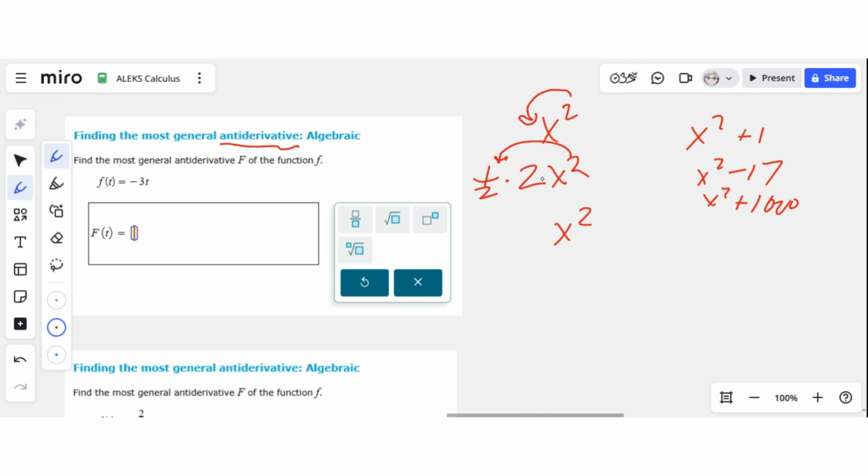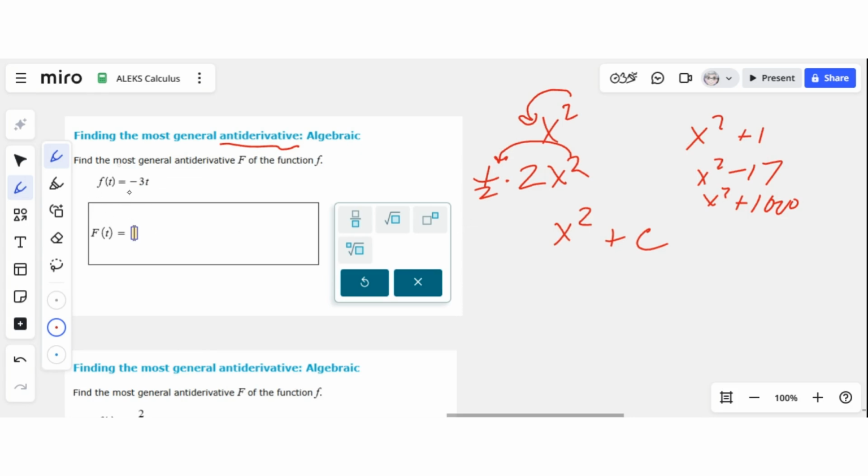So when we take the antiderivative of something, we add in a plus C, because this could have been just x squared, but it could have also been any one of these other things with a constant. So the big C, capital C, is our arbitrary constant that we have to add in when we take an antiderivative. So let's see how this works here.